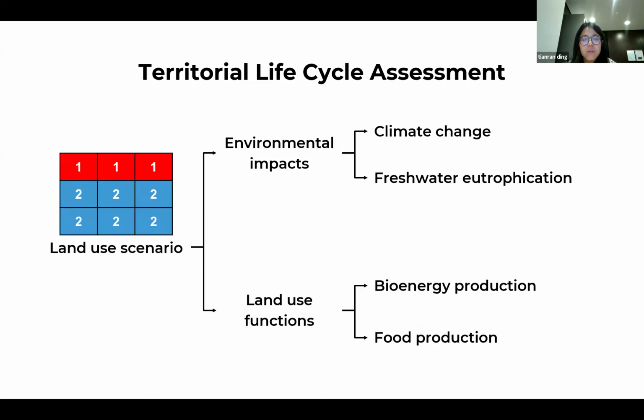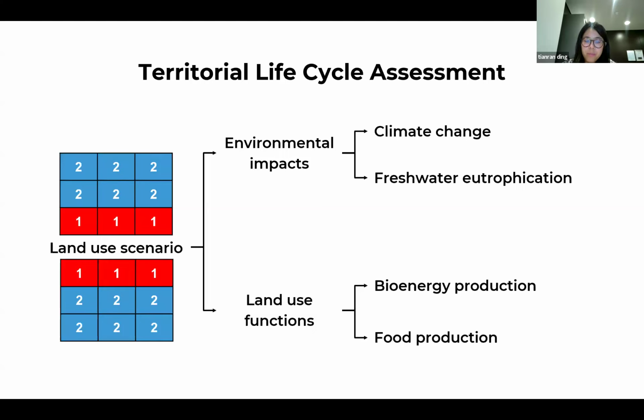After running the territorial life cycle assessment method, we will know the environmental impacts, including different indicators, for example climate change or freshwater eutrophication. Another vector we will know is the land use function that we care about: the economic production, economic growth, bioenergy production or food production. So this method was developed for this purpose.